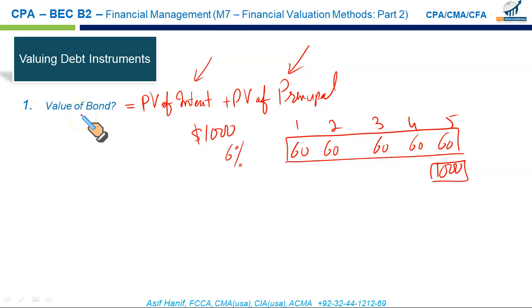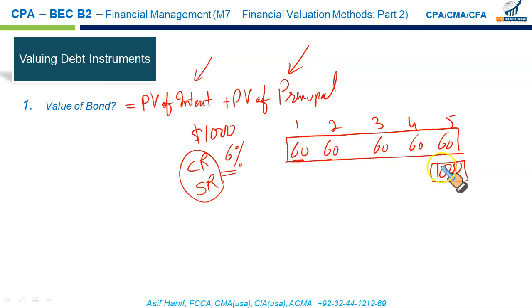Now, the area that most of you get confused about: 6% is the rate at which we pay the interest. This is called the coupon rate, or sometimes the stated rate. Remember, the coupon rate or stated rate is the rate used to calculate the interest payment.